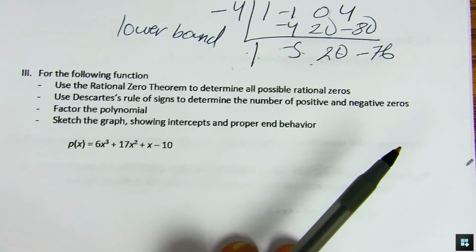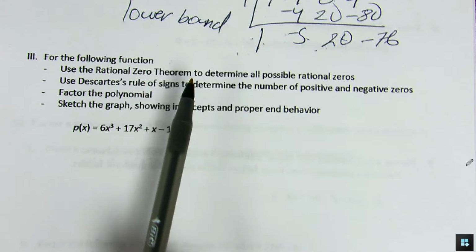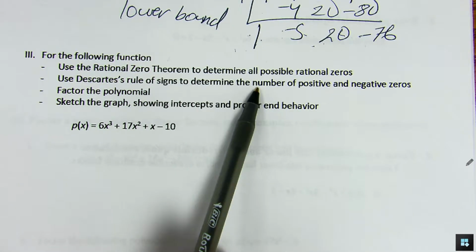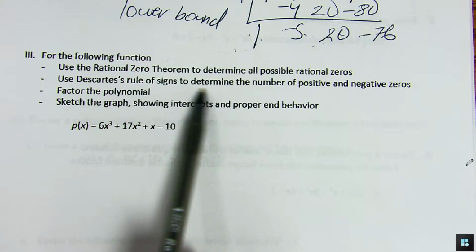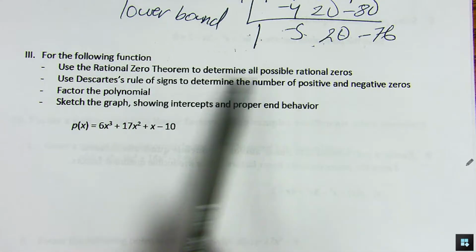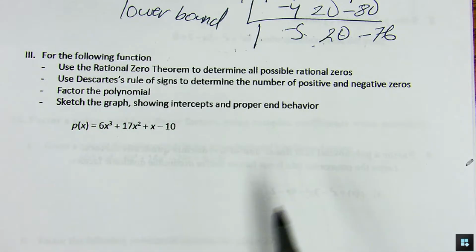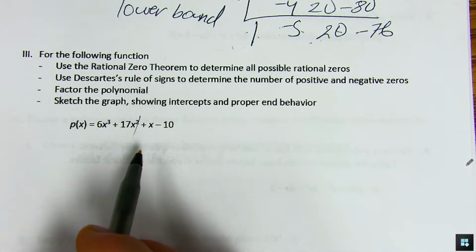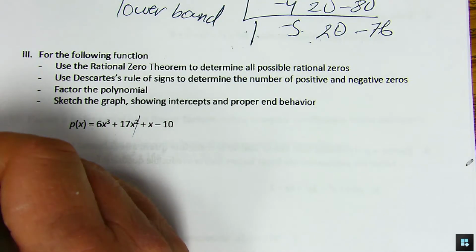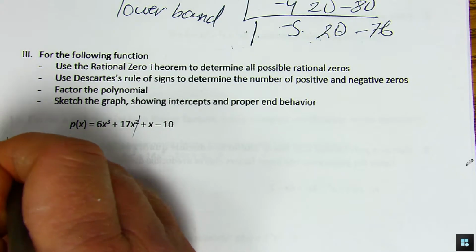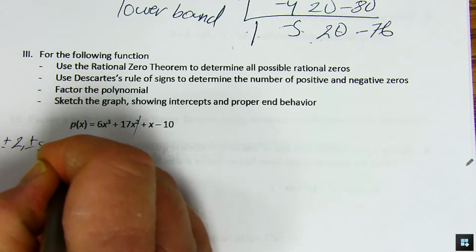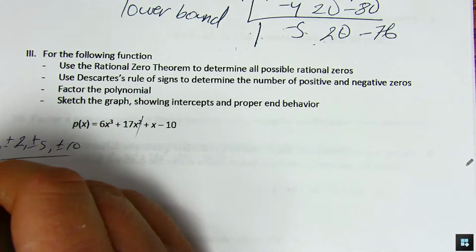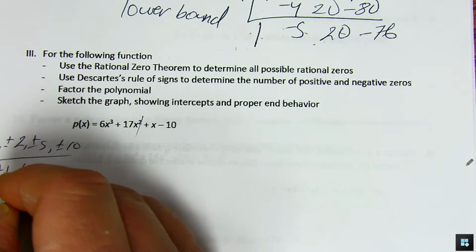Okay. For the following, use the rational root zero theorem to determine all possible zeros. Use Descartes' rule of signs to determine the number of positive and negative zeros. Factor it and then sketch the graph. Would love for this thing to factor completely at the beginning, but it doesn't. So I have to take factors of 10, plus or minus 1, 2, 5, and 10, over factors of 6, 1, 2, and 3.